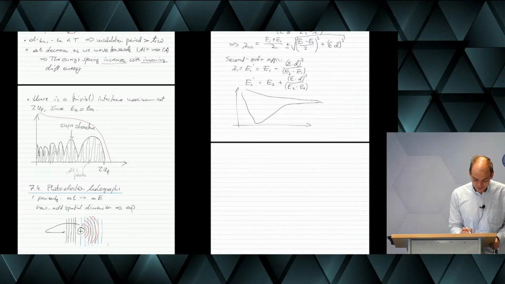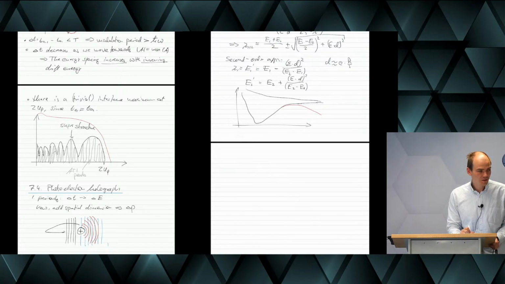Now the higher state gets a bit increased, the lower state is a bit decreased. I should add that the dipole here can be approximated as E times R over 2.